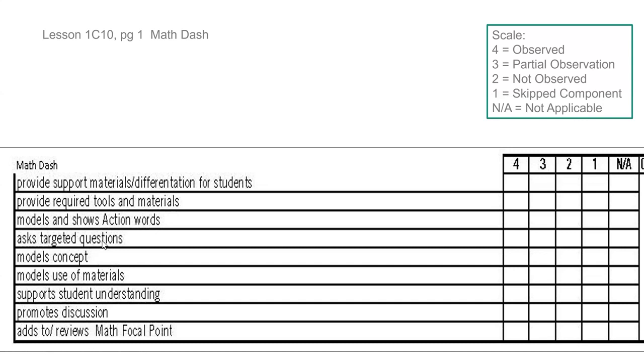Did the teacher ask targeted questions? Did the teacher model the concept? Did the teacher model use of materials? Did the teacher support student understanding and promote discussion? And then there's the adds to or reviews, and the example of that would be Math Focal Point.